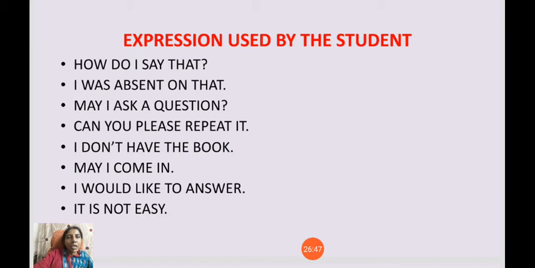I don't have the book. May I come in? I would like to answer. It is not easy. So, these are some expressions used by you in the classroom. So, note down these expressions.